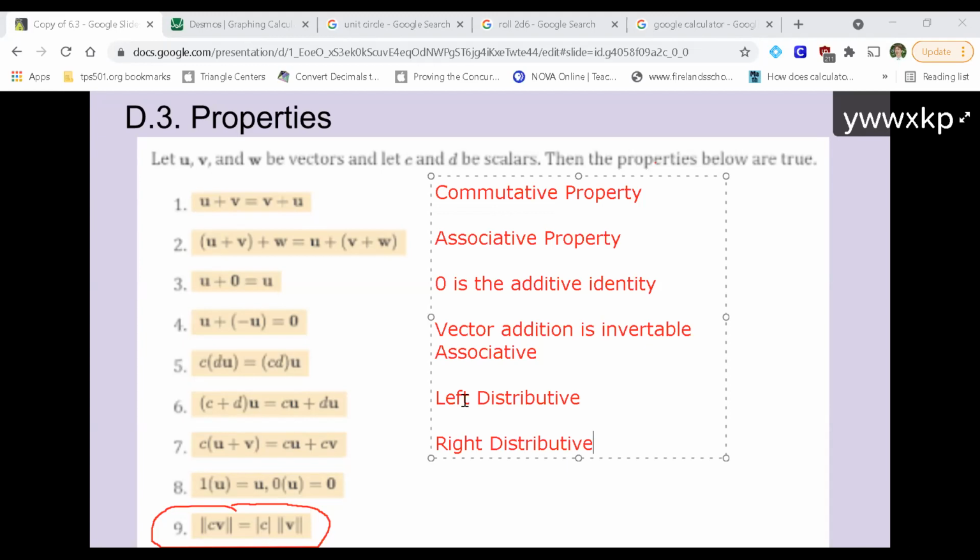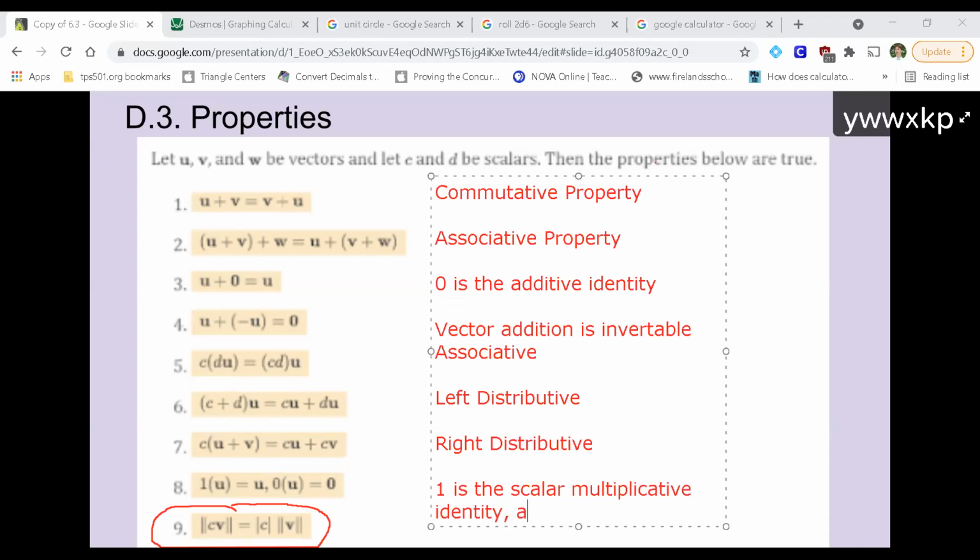The eighth line tells us that one is the scalar multiplicative identity, and 0 is the scalar multiplicative 0.